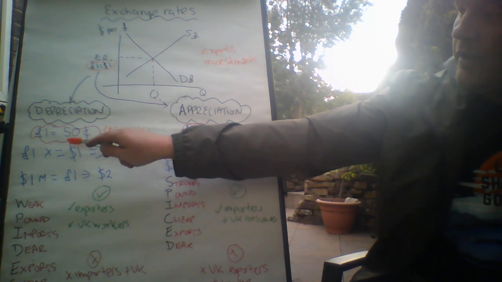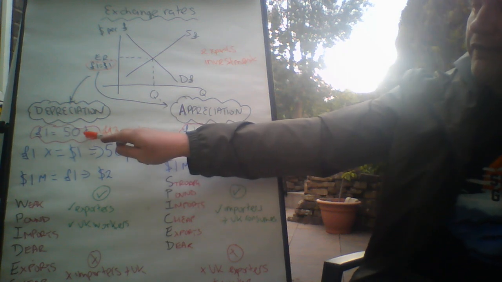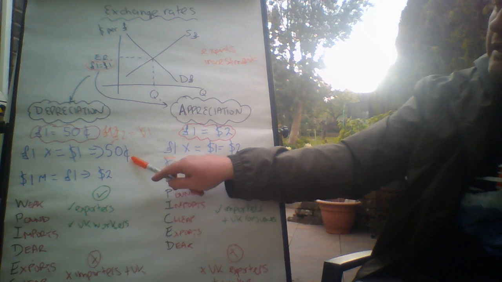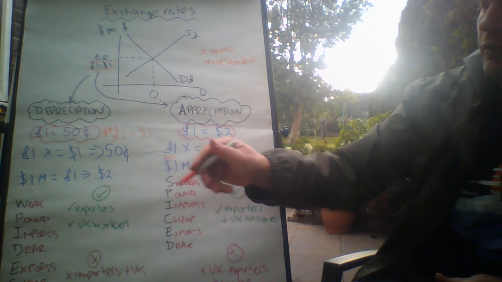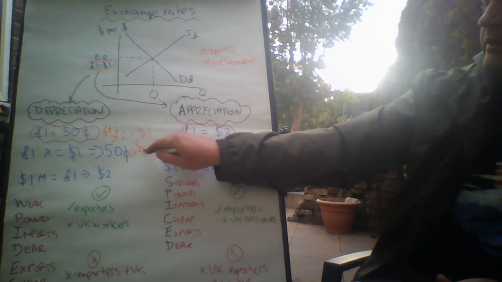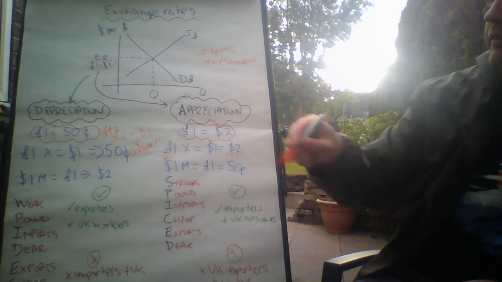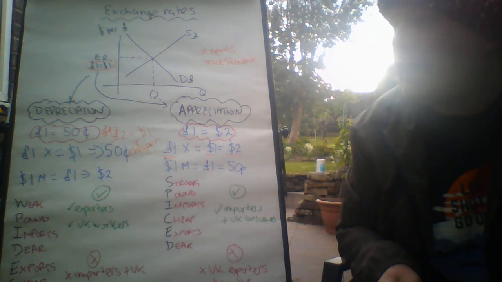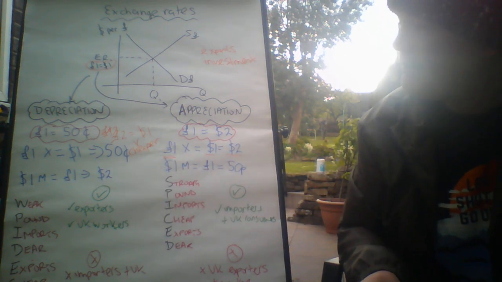To buy the £1, they're now going to sacrifice 50 cents. In other words, it's half the price than what it was before. So that now means that British exports are cheaper to buy. So because our products are now cheaper to buy in America, it should lead to a growth in export demand.